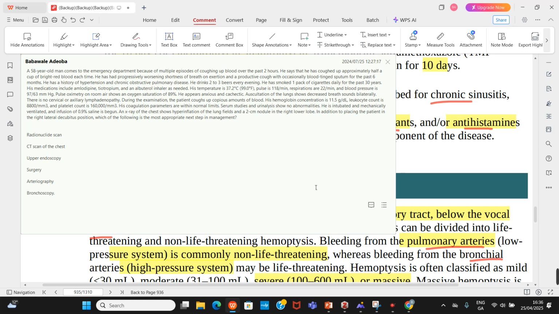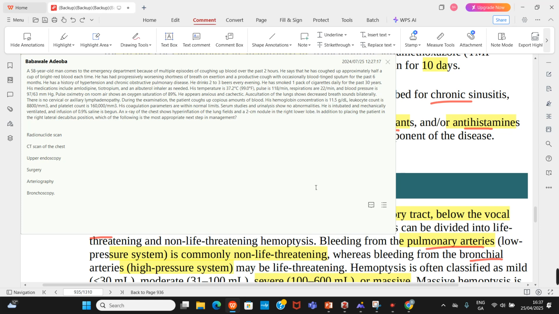Temperature is 37.2. Blood pressure is 97/63. Oxygen saturation is 89. He's anxious and cachectic. Examination of the lungs shows decreased breath sounds bilaterally. Patient coughs up copious amounts of blood. Hemoglobin is 11.5. Leukocyte count is 8,800. Platelet count is 160,000. Coagulation parameters are within normal limits.